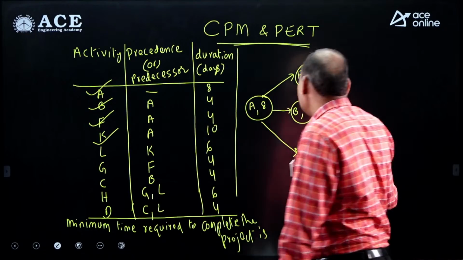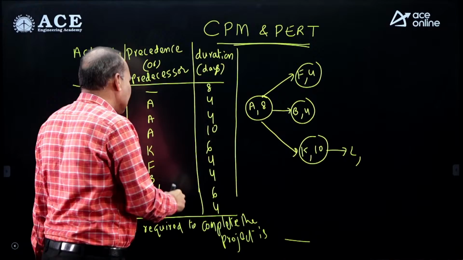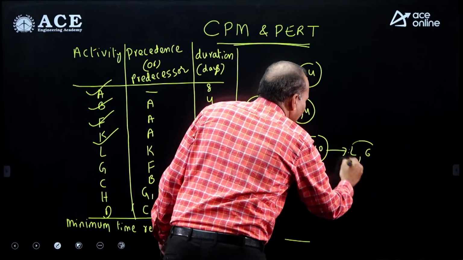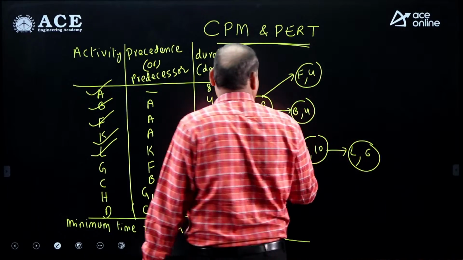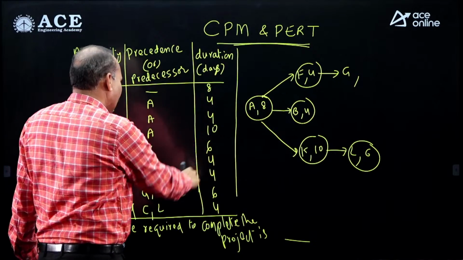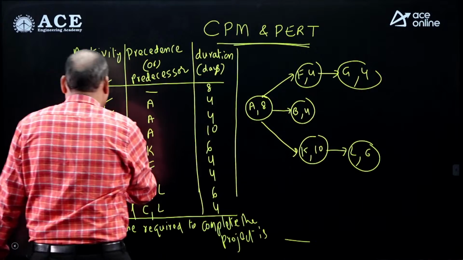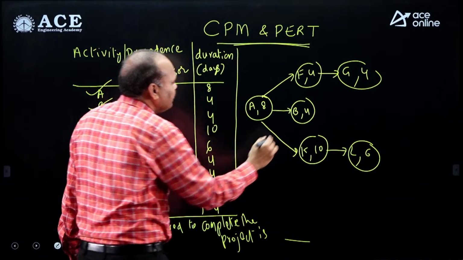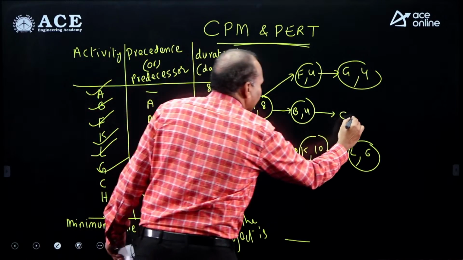L after K, so after K, L can be taken. The duration of L is 6. G after F, the duration of G is 4. C after B, so the duration of C is 4.